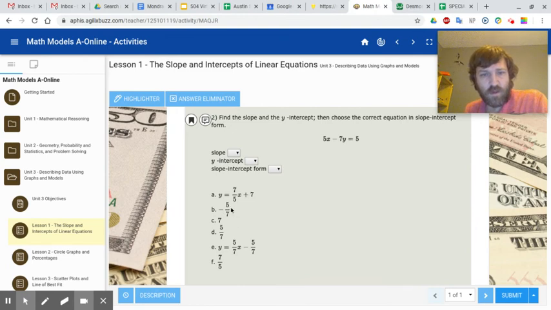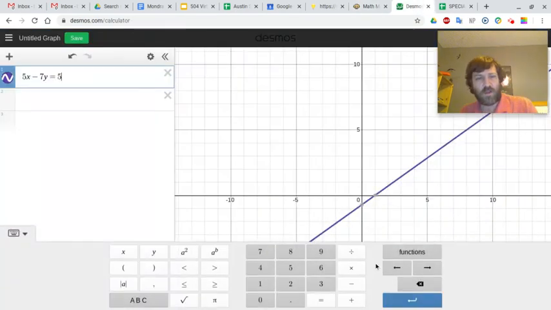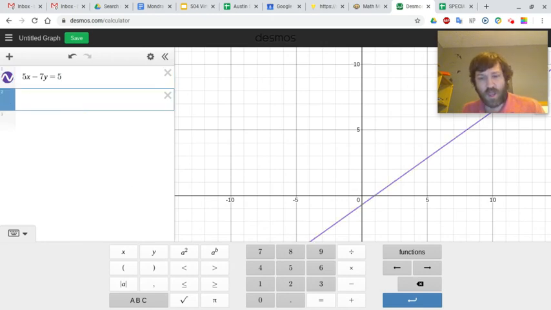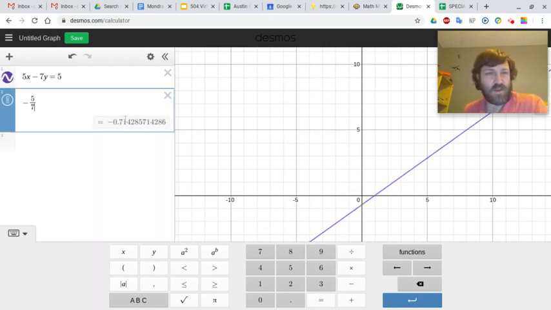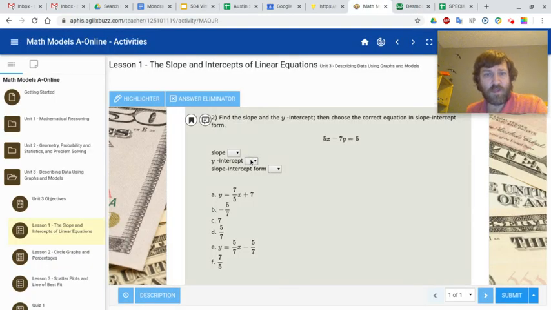So really the only number here that makes sense is right here, negative 5/7. But we can also check that. We can open our calculator and do negative 5/7 and see, that is the right number that corresponds with my y-intercept here. So then that means B has to be the answer for y-intercept.